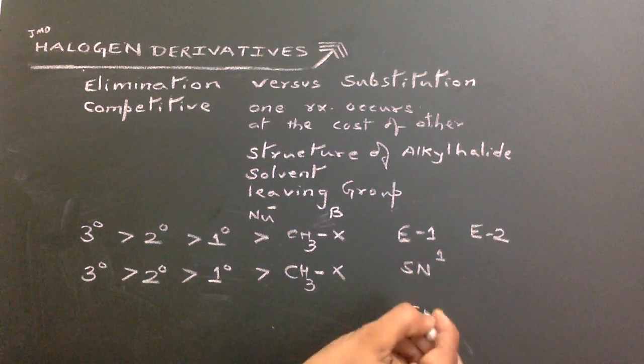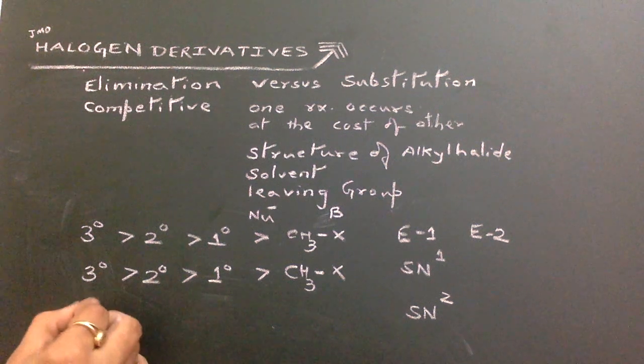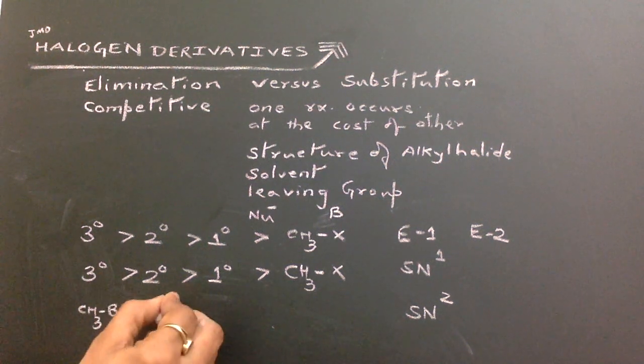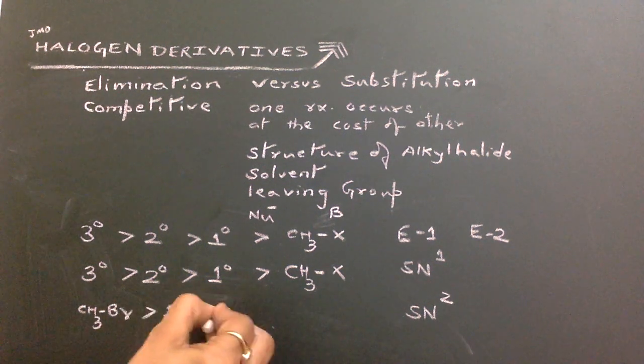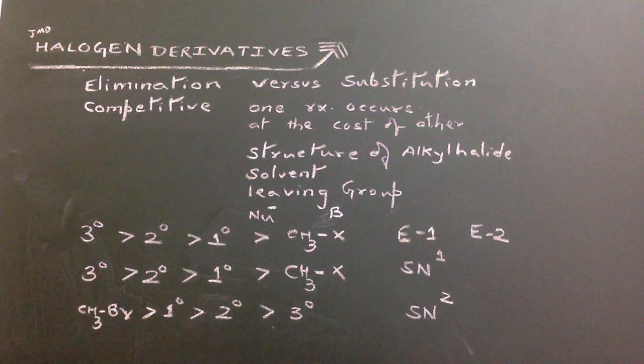And when we come to SN2 students, obviously we took methyl bromide, so it's very clear SN2 is at its best with methyl bromide, and then we can take a primary alkyl halide, then secondary, and the reaction will be very, very feeble when I want to do SN2 with a tertiary alkyl halide. So that is in general the order I have given.